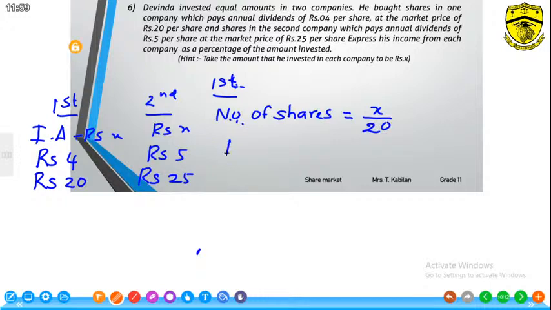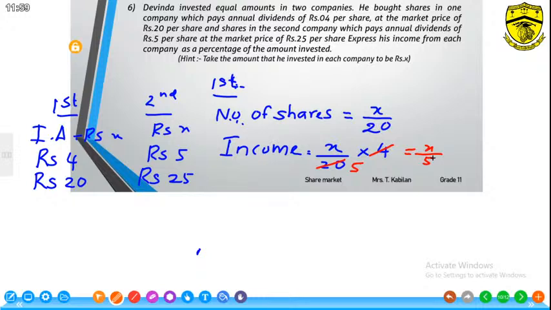The income is calculated by multiplying this number of shares, X by 20, by the dividend per share, which is 4. Simplify it: 4 into 5 times, so rupees X by 5 is the income from the first company.